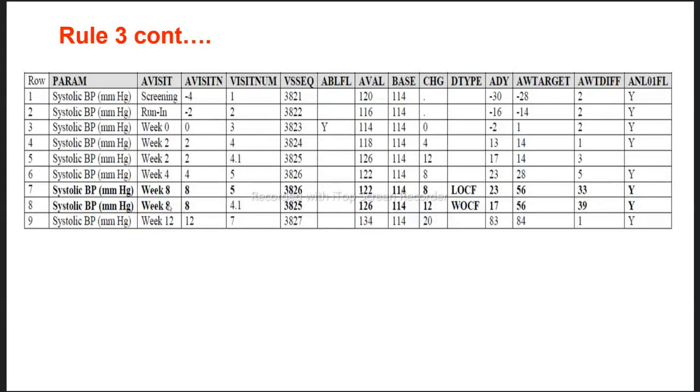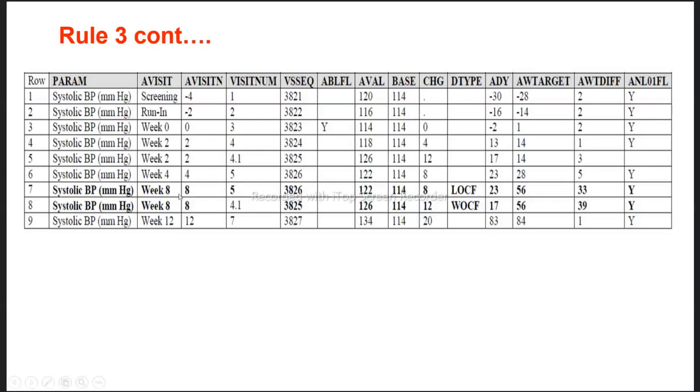Week 4. In that scenario, I told you during the basic classes, if you are getting the previous record value into the current observation, we call it last observation carry forward. Now the sponsor is asking, don't keep only the previous record value, keep the worst case possible scenario also.